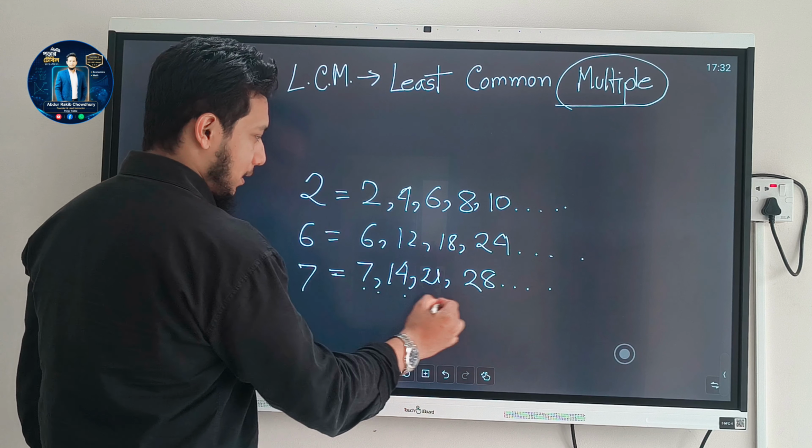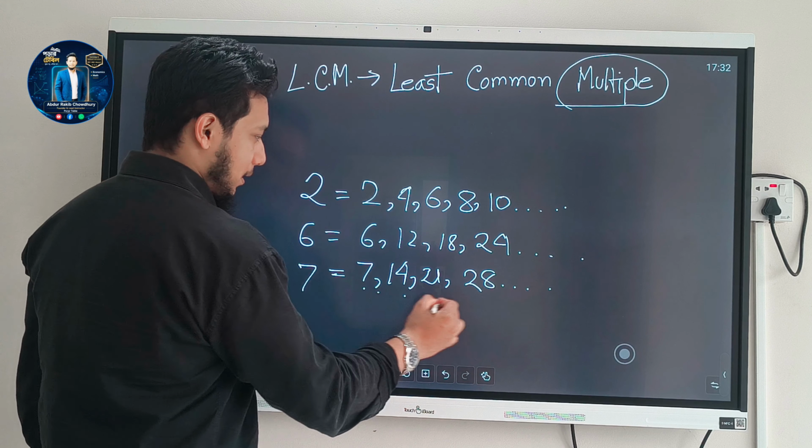This is not the least, it is just a common multiple. After that we have 24. This 24 is also a common multiple. So among these common multiples, the smallest number is the least common multiple. I hope you get the point.